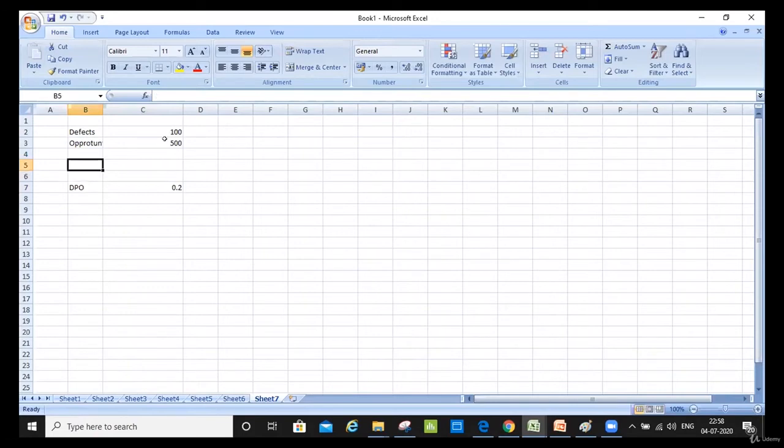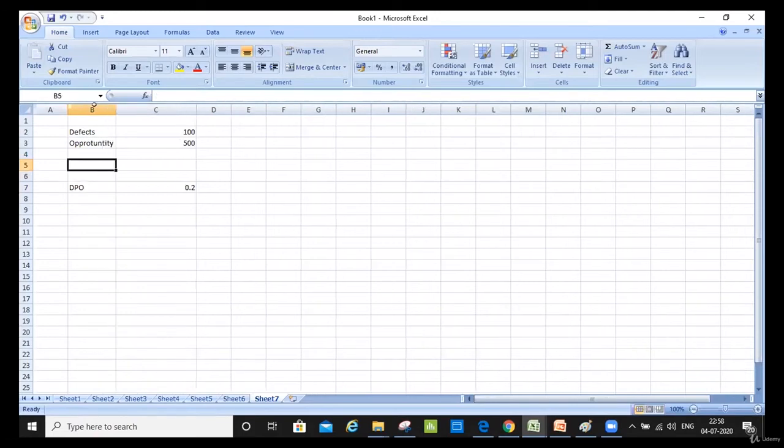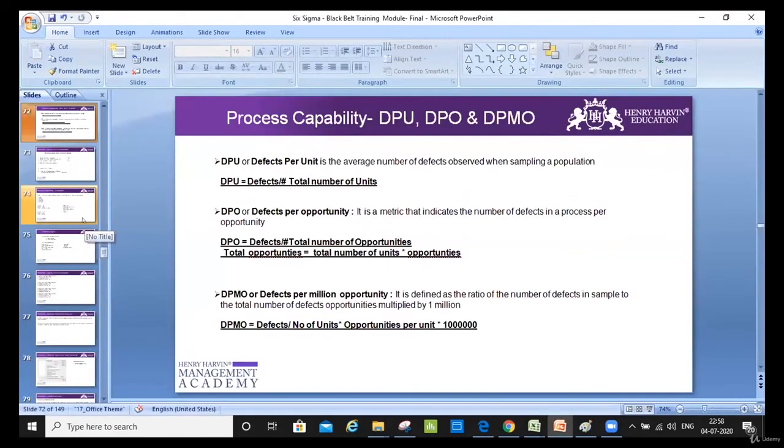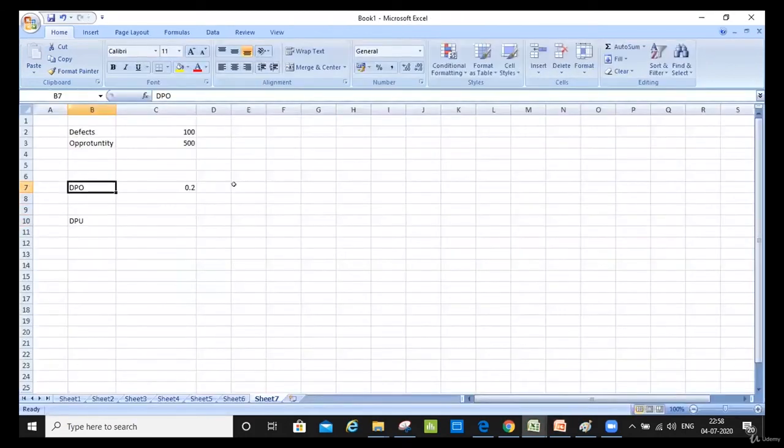Okay. Now if I want to calculate DPU here, which is defects per unit, so out of 500 units that I produced, I found 100 defects.